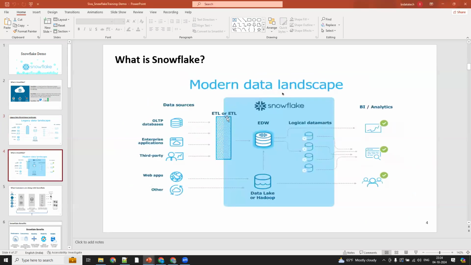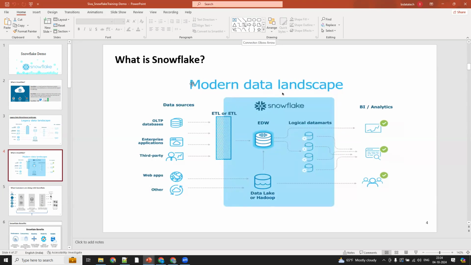This is the role of Snowflake, I would say. As I mentioned, Snowflake is not a complete ETL tool. We don't have any drag and drop mechanism, just like you have in Informatica or ADF, famous ETL tools available in the market.